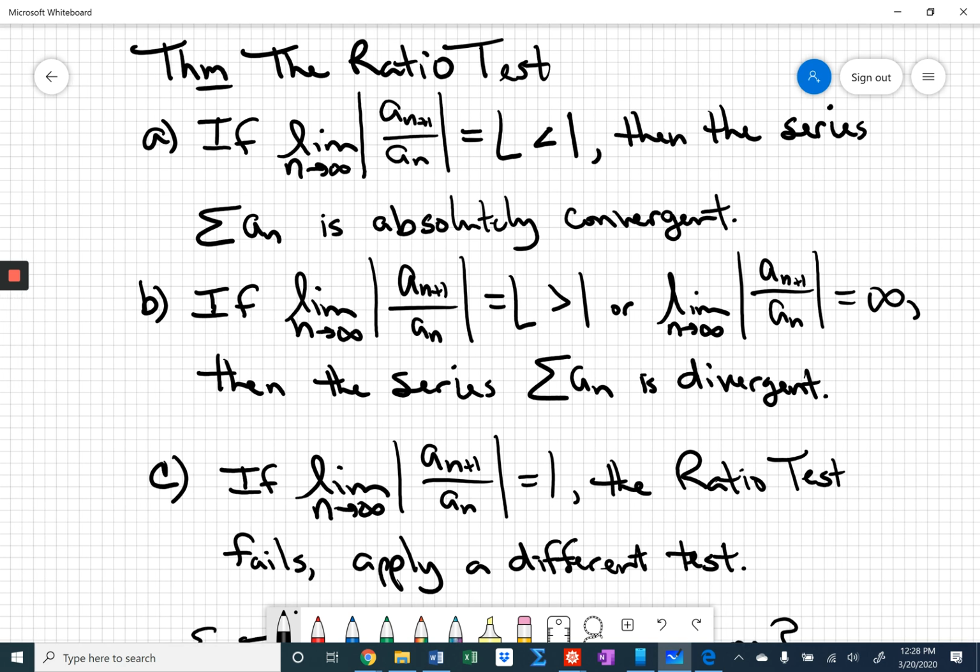Before I get to those examples, let me make a quick comment here. In our algorithm for thinking through how to prove whether a series is convergent or divergent, which I'll go through in a minute, I want you to think about where the ratio test fits into this. In general, you need to figure out if a series converges or diverges by any means within your arsenal.